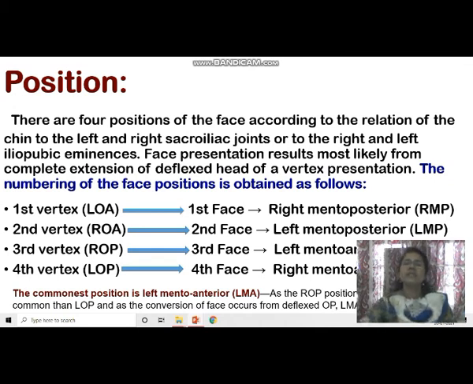Face presentation results most likely from complete extension of a deflexed head. We already studied the deflexed head in the occipito-posterior position.